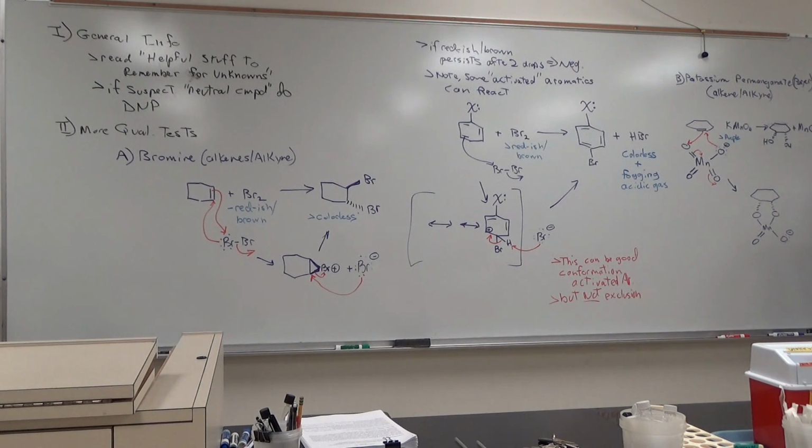And if the purple sort of disappears and you get a brown precipitate, that's a positive test. Okay. This last part, this intermediate is just basically hydrolyzed with water. Little hand waving on that last step.